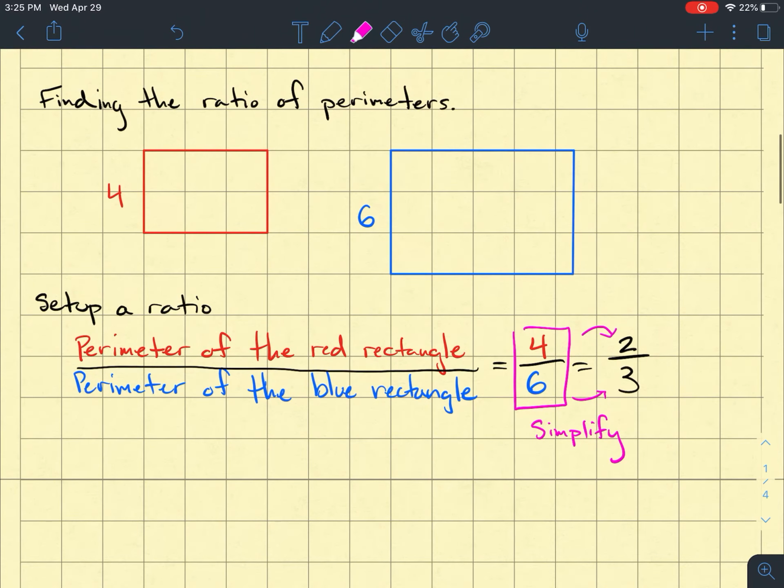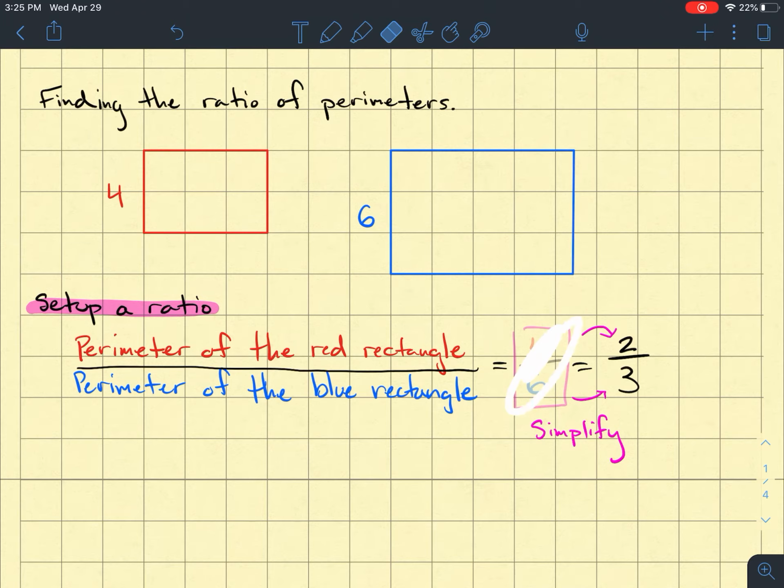Moving on. So let's find the ratio of the perimeters. We're going to use these two rectangles. We have a red rectangle and a blue rectangle. They are similar. Okay, they are similar. So we're telling you that these two rectangles are similar. So we're going to have to first set up a ratio, right? Set up a ratio.